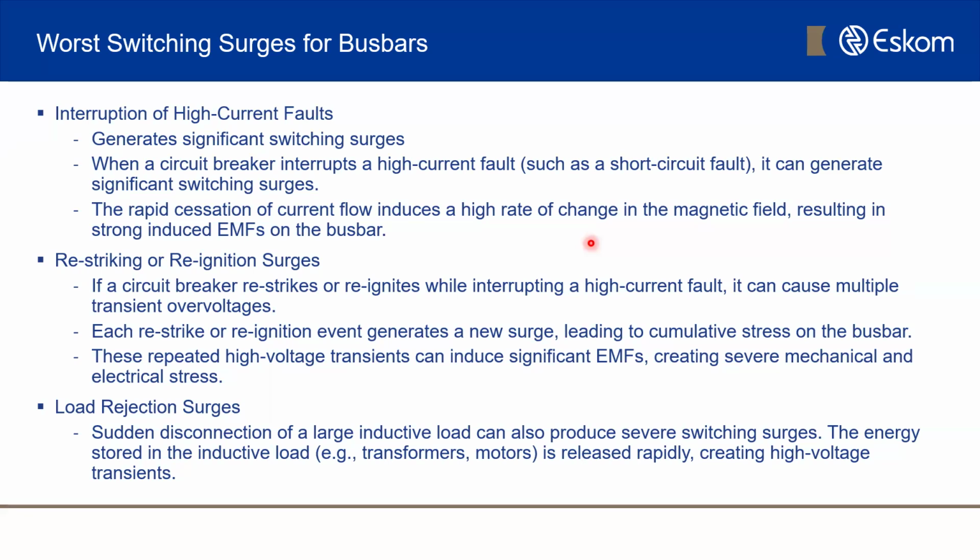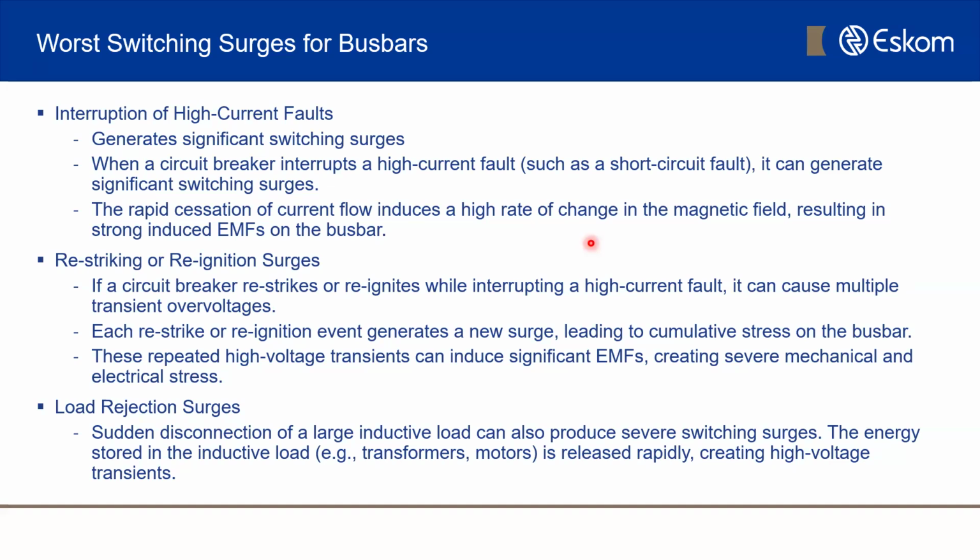And what happens is in the switching, when the circuit breaker opens, it creates a surge, and the current that flows at a high rate of change then increases the magnetic field, resulting in strong EMFs on the bus bar. So we'll get into the basic science of EMFs, and the higher the electricity that flows through it, the bigger the magnetic field, and this causes issues on our structures.